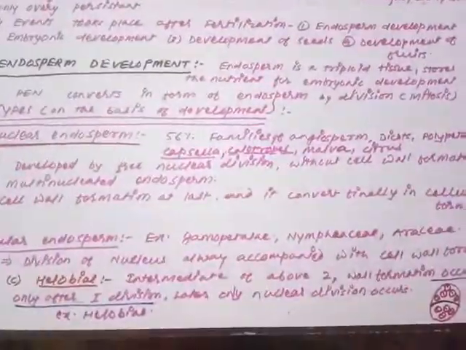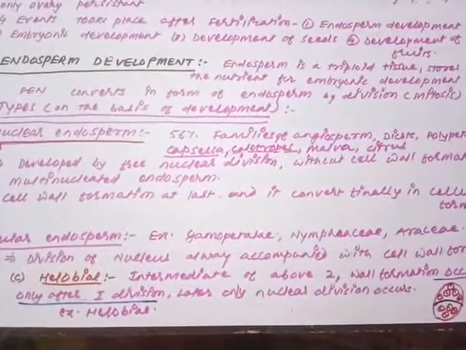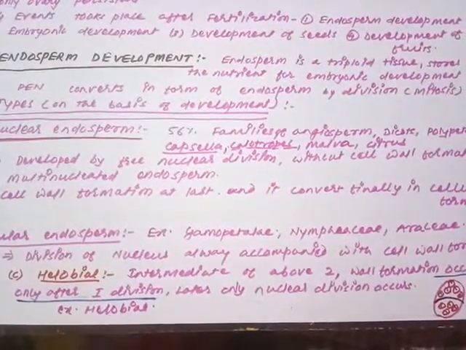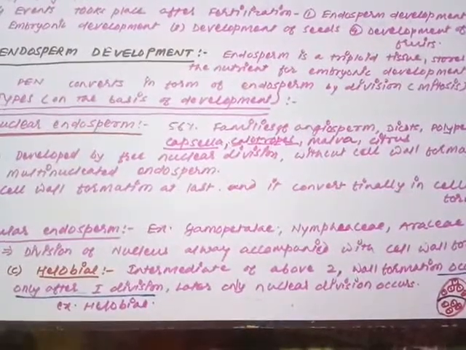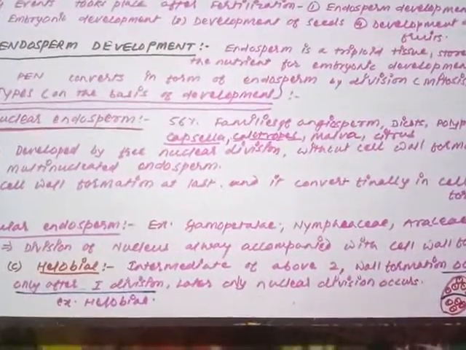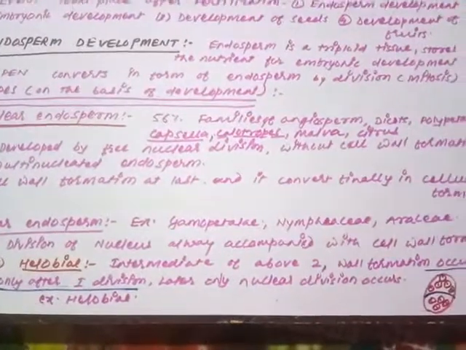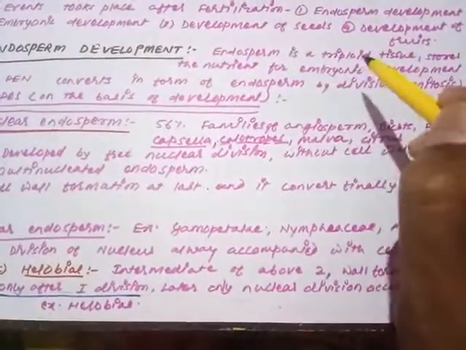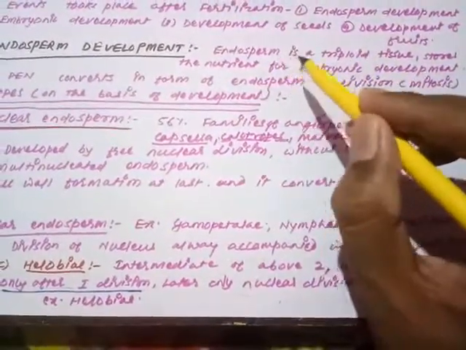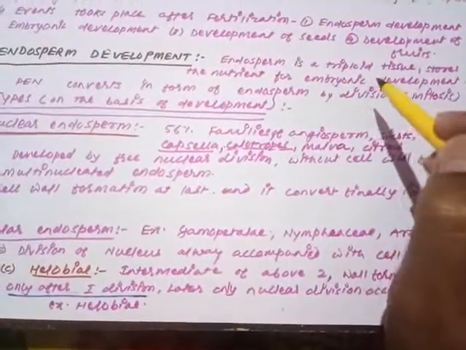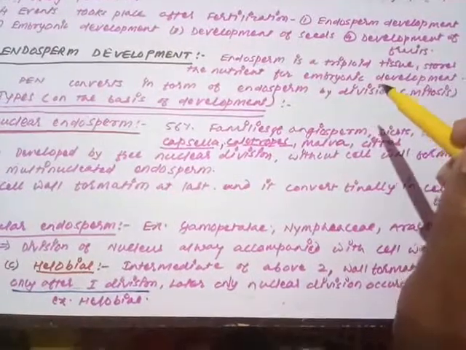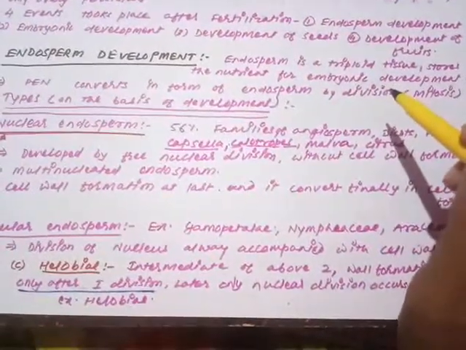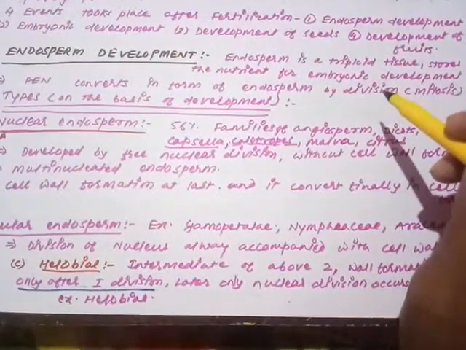If you remember, in the previous lecture on fertilization, only angiospermic plants have double fertilization and triple fusion. In triple fusion, the polar nuclei fuse with the second male gamete and produce a triploid structure. So endosperm is a triploid structure responsible for storing nutrients or reserve food material, which is provided to the embryo for embryonic development.